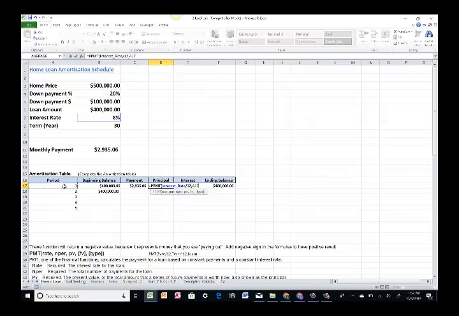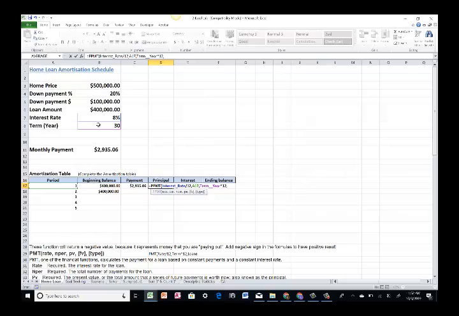Then the next argument is the number of periods, the total number of payments for the loan, and it's term in years times 12.